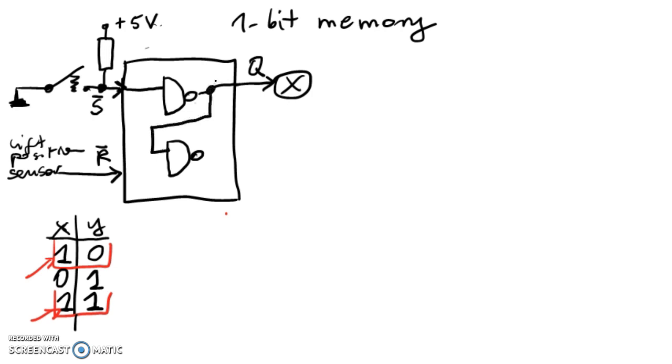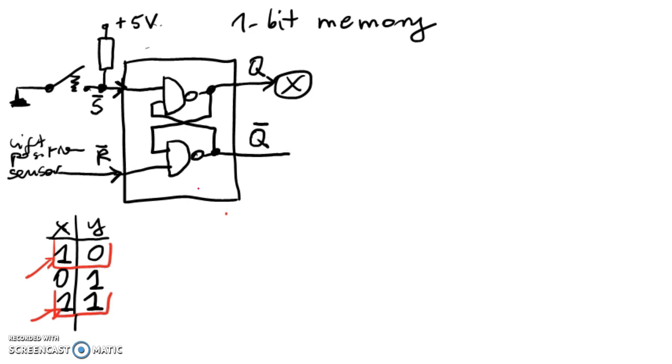Look at this, the output is fed back to the other gate, and the same is true for the lower gate. It is also standard to have the outputs of the two gates available. One is denoted by Q and the other by not Q.